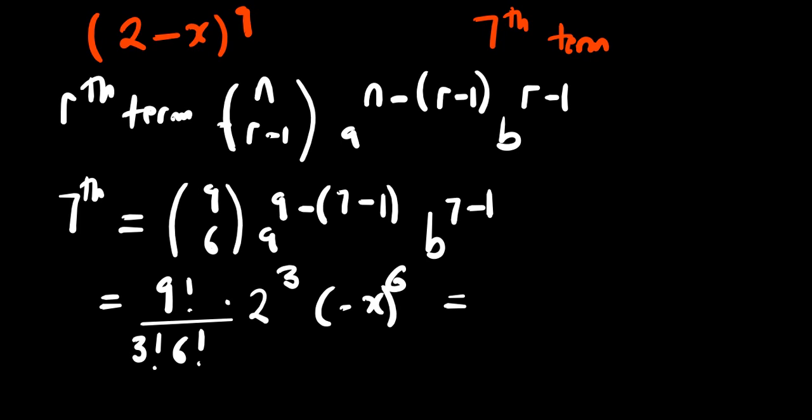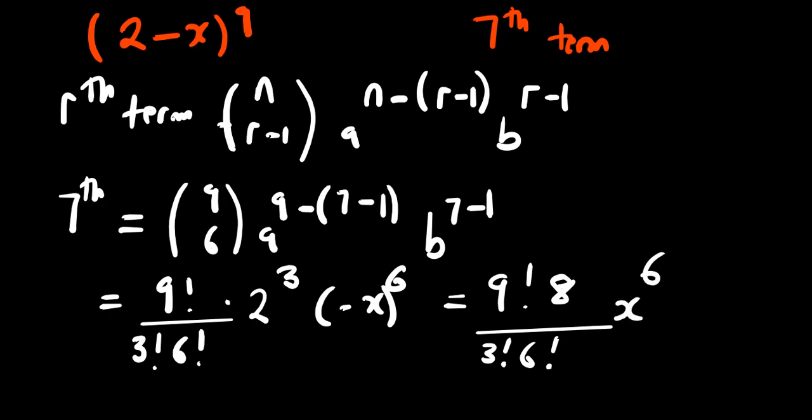So I have 9 factorial multiplied by 8, divided by 3 factorial, 6 factorial. Then I've got my negative x. Negative x to the power 6 is just the same as x to the power 6, because 6 is an even number. If it was odd, it would have been negative.